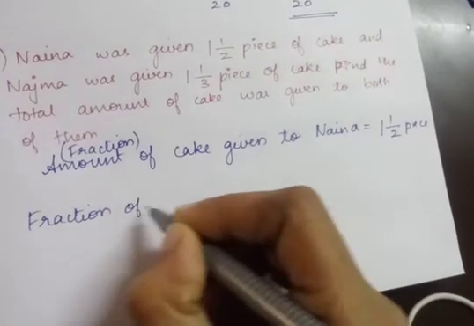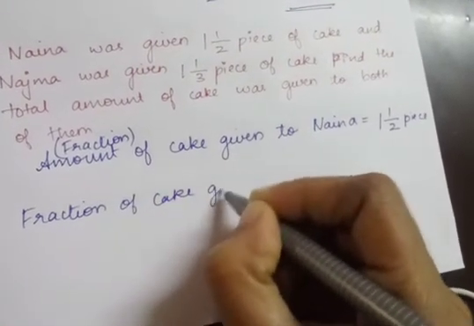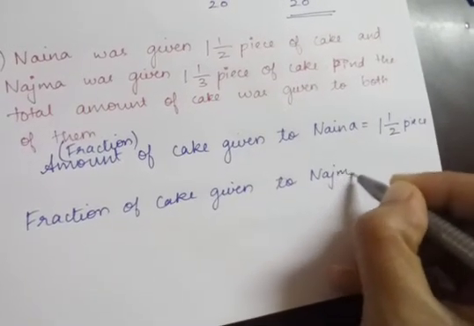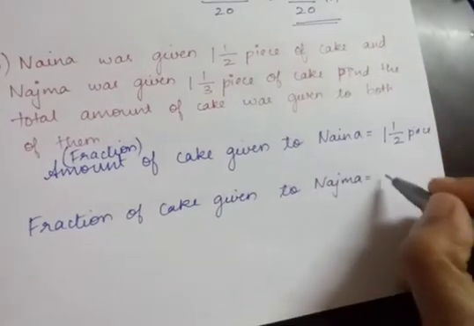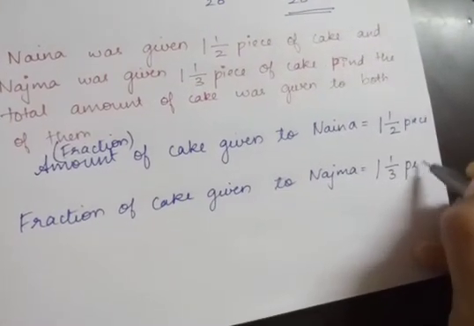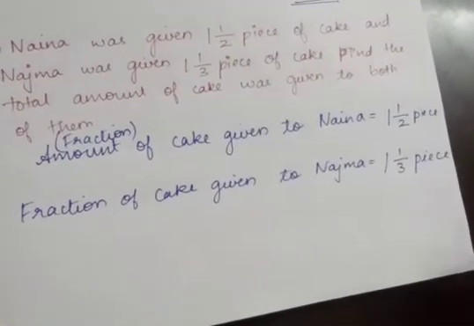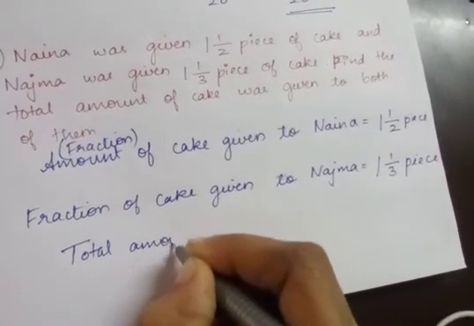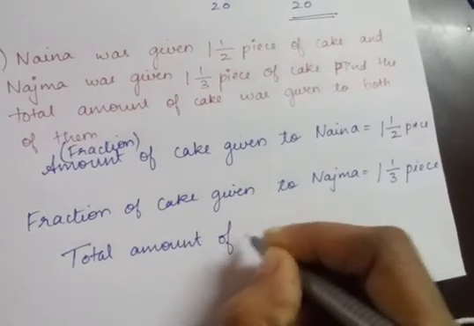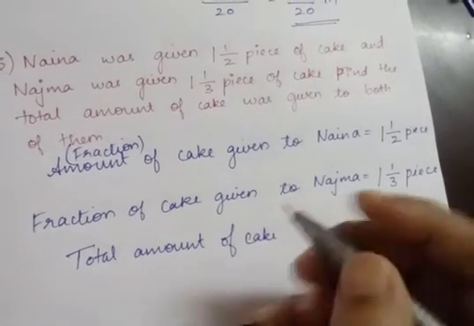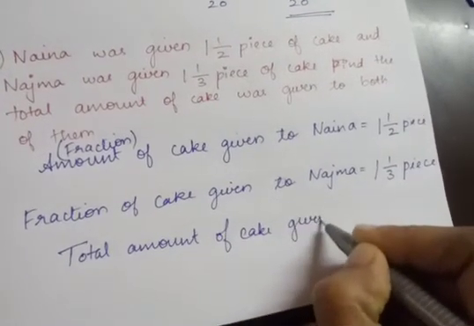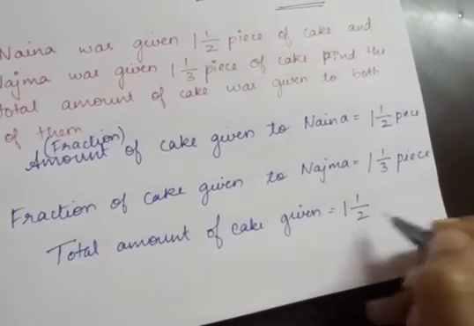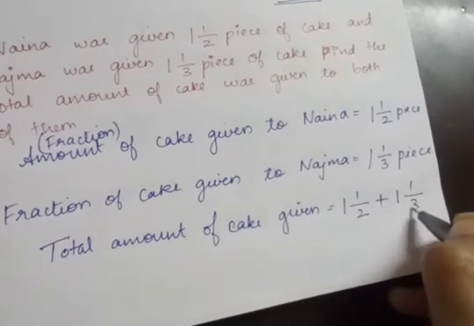Fraction of cake given to Najma, right? What is the fraction of cake given to Najma, children? 1 by 3 piece. So if you want to find the total amount of cake given, total amount of cake given is 1 by 2 plus 1 by 3.